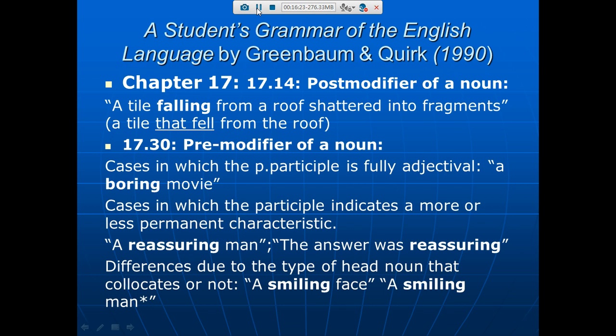So it's less permanent. They add that a difference is due to the type of head noun that collocates or not with attributive or postpositive position. So smiling would collocate in attributive position with a smiling face more than with a smiling man.